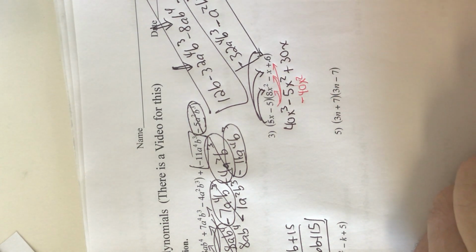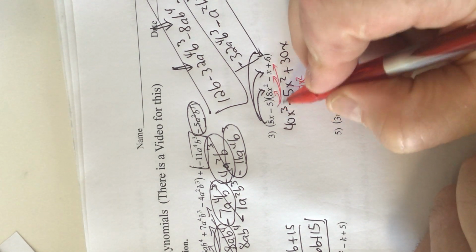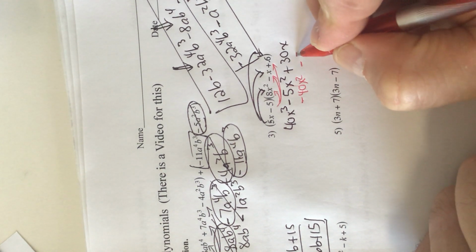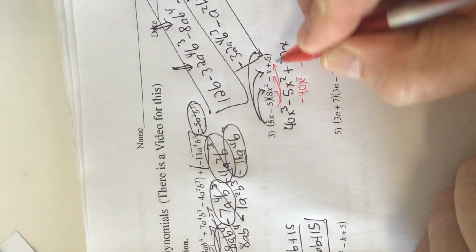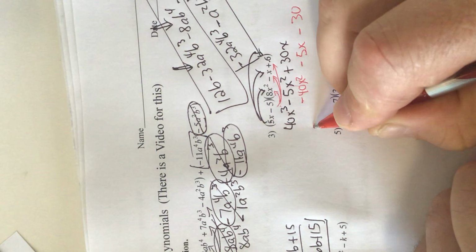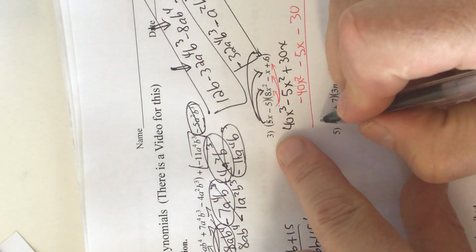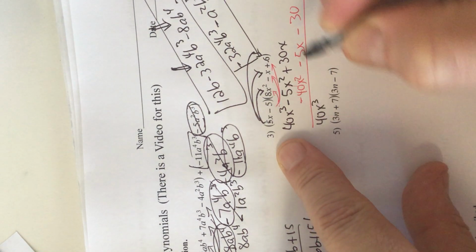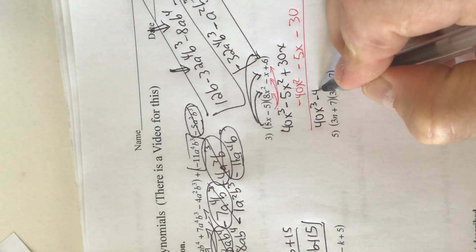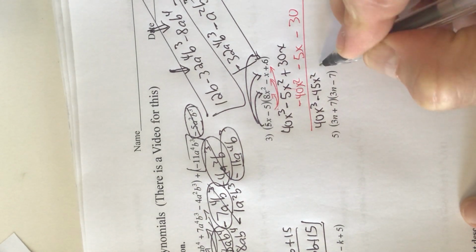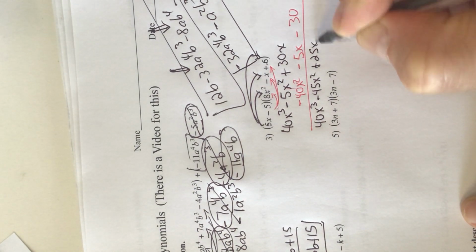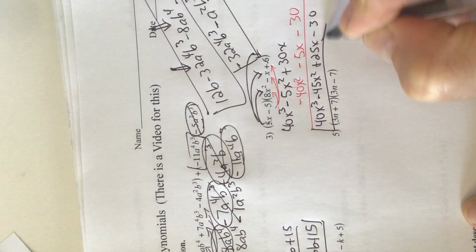I'm just going to line them up because those are going to add together. Negative 5 times negative x is negative 5x, and negative 5 times 6 is minus 30. And now I'll just add them up. So the 40x to the third was done. There's 45x squareds. And we have 25x's and minus 30.